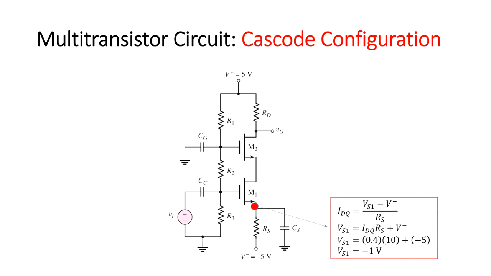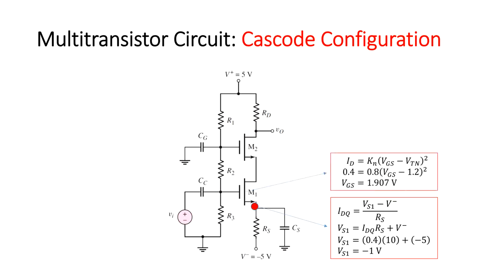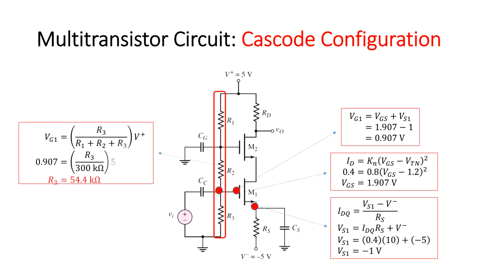Through the saturation region assumption, the gate to source voltage of M1 is given. Then the gate voltage of M1 is written. By employing a voltage divider, the gate voltage can be rewritten and the resistor R3 is found.